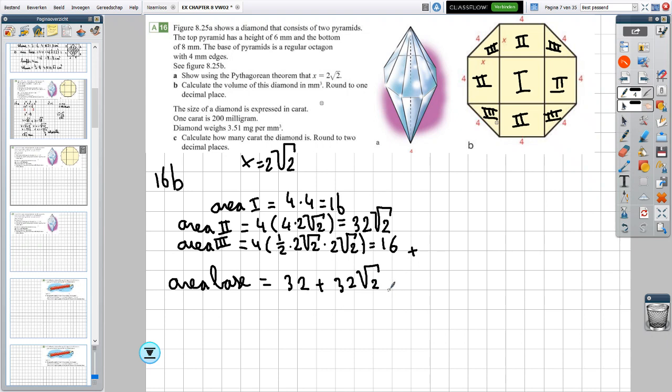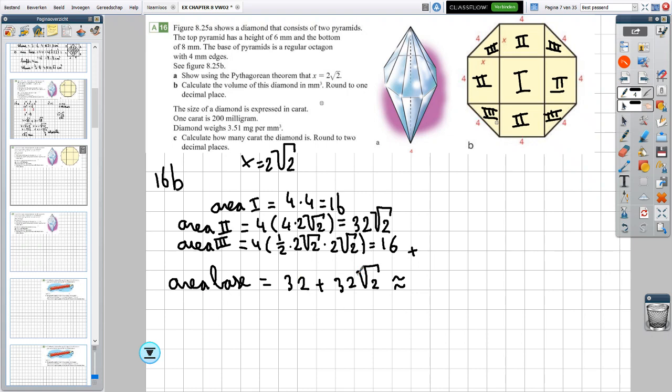And I think that the book already now rounds this. So you could have rounded here already if you wanted to, because otherwise you have to write down this every time. But know that if you want to do this exact, they say round to 1 decimal in the end. If you want to do exact, I would keep counting with this.